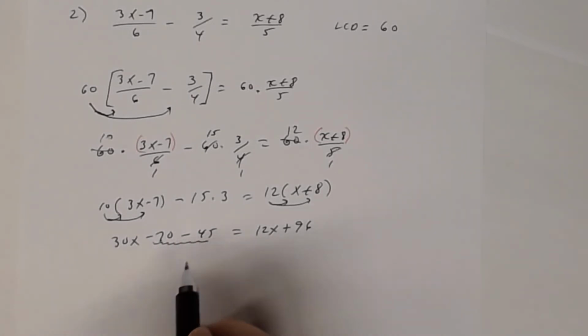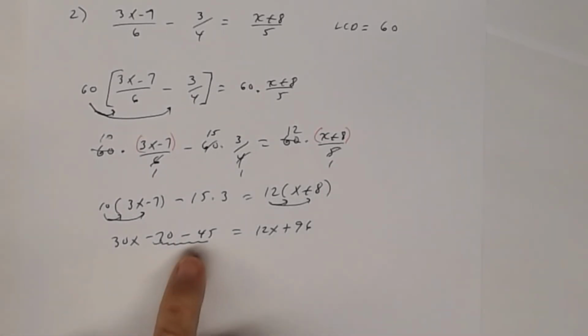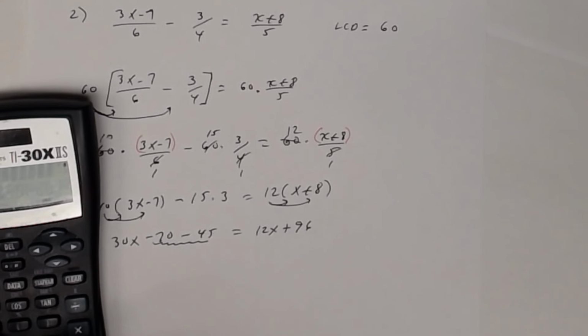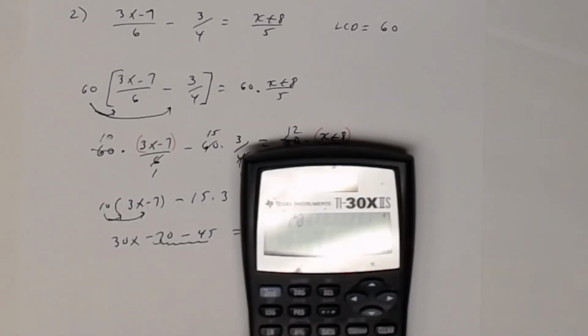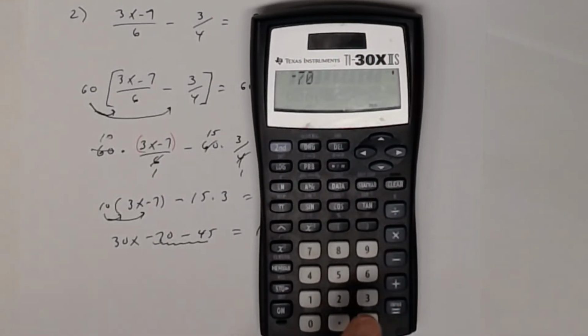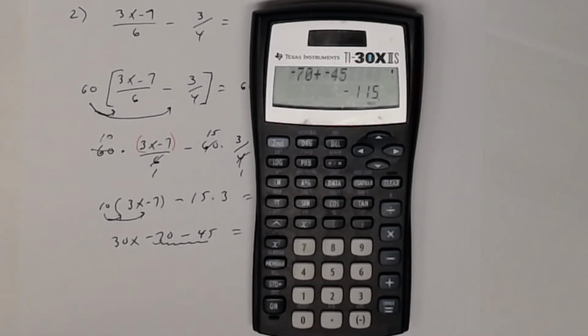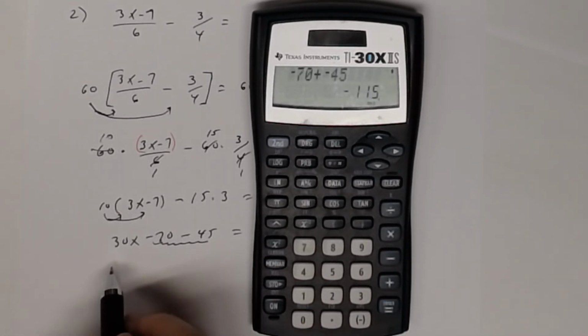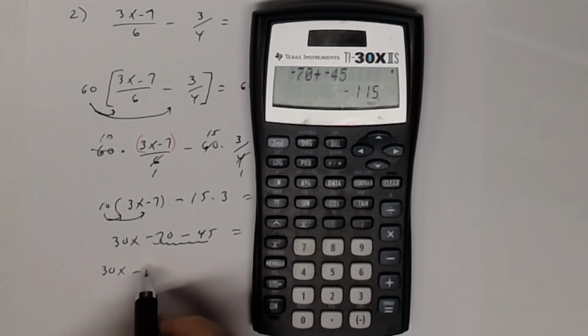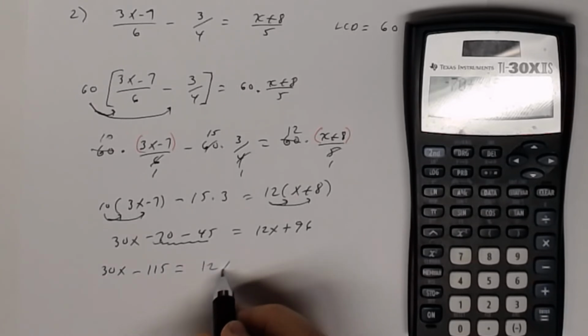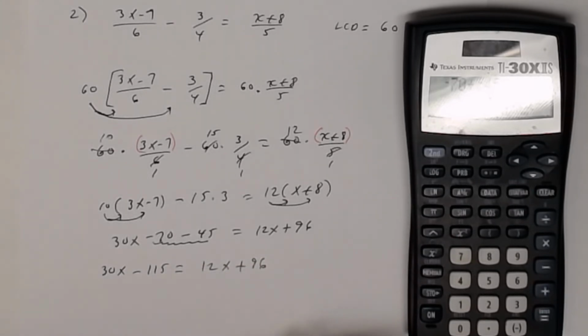These are constants: negative 70 and negative 45. So negative 70 plus a negative 45 equals a negative 115. So this becomes 30x minus 115 equal 12x plus 96.